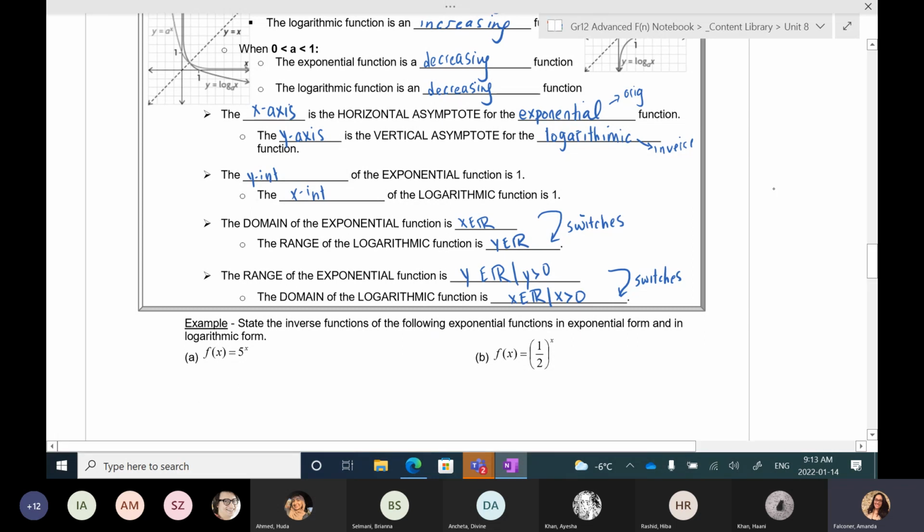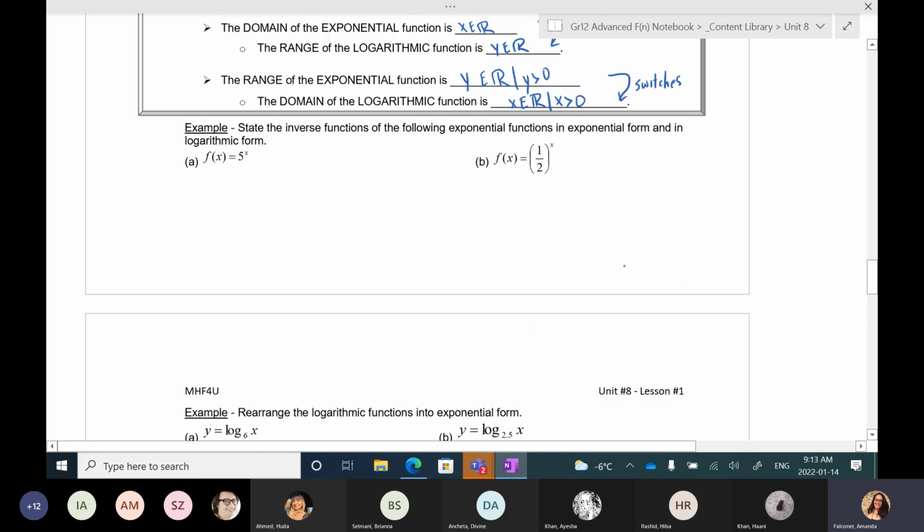So now we're going to be looking at just the equations and switching them from their original form to their inverse form, or from the exponential form to the logarithmic form. State the inverse functions for the following exponential functions in exponential form and in logarithmic form.